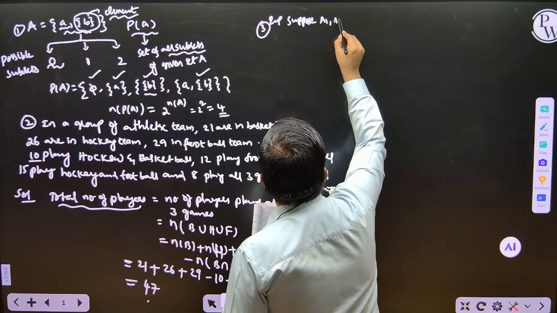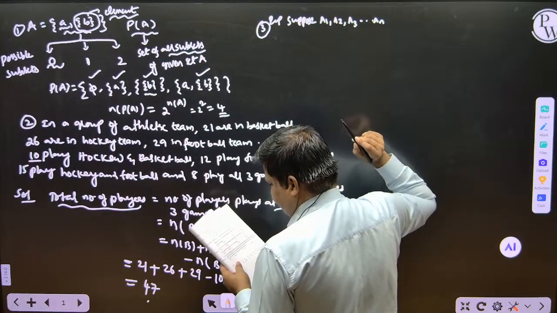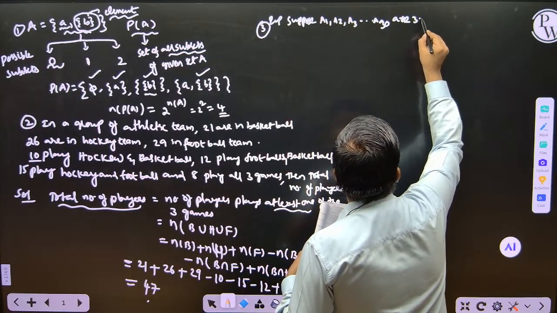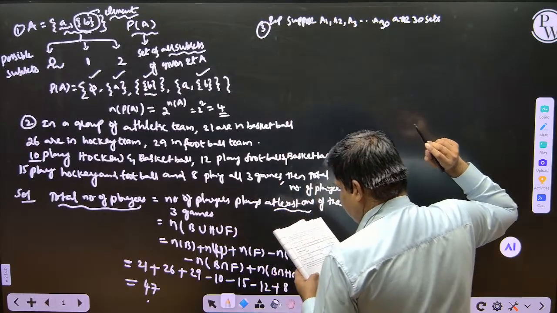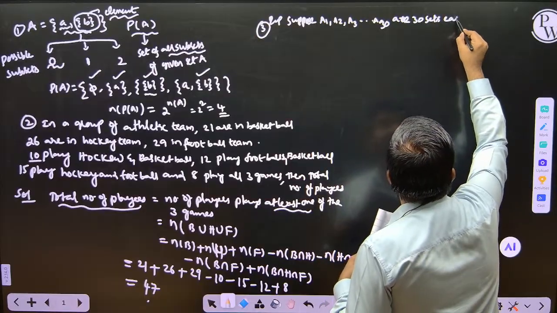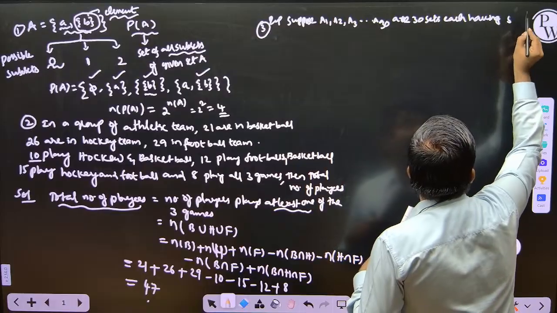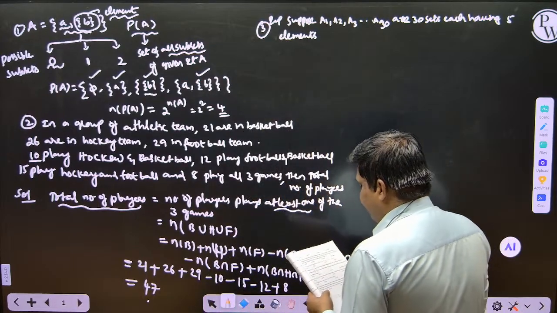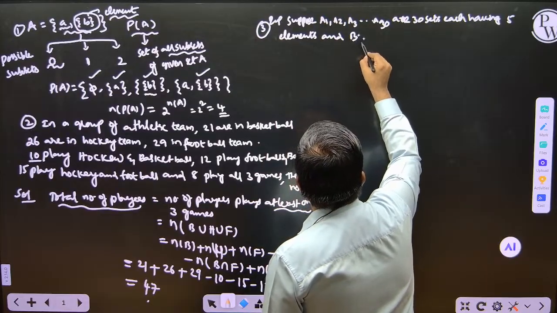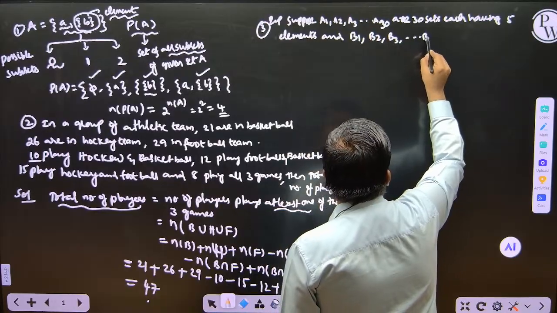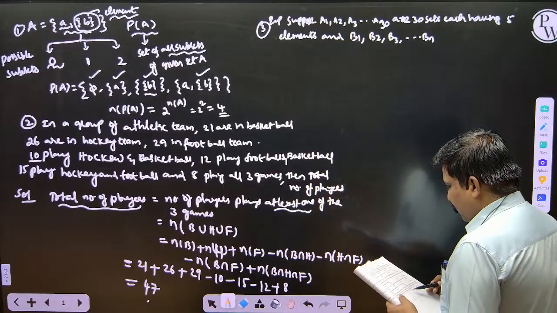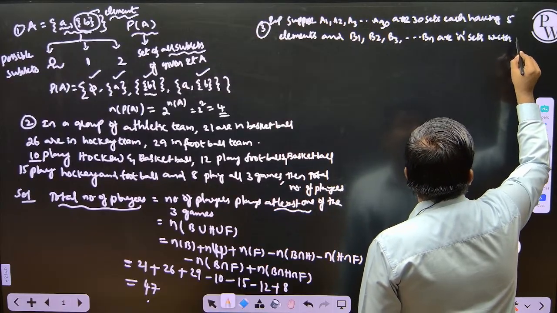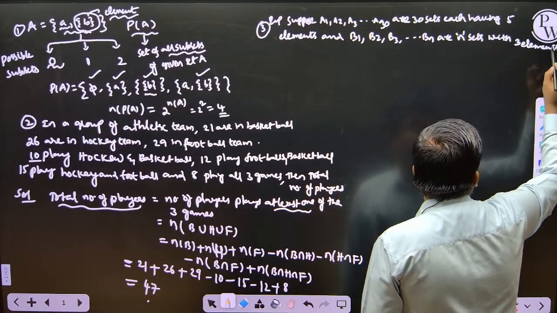Suppose A1, A2, A3 and so on up to A30 are 30 sets, each having 5 elements, and B1, B2, B3 and so on up to Bn are n sets with 3 elements each.